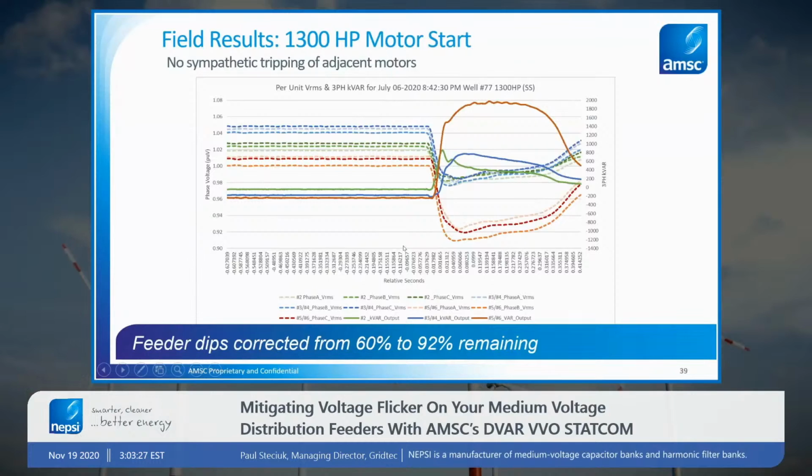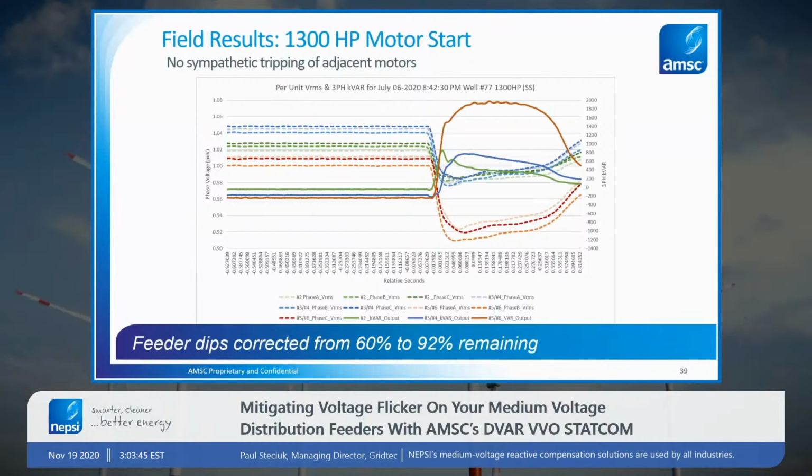In this case, we talked about the feeder VAR mode being the typical control mode. Here, we worked with the utility to determine that actually the VAR control mode was the more appropriate control mode.